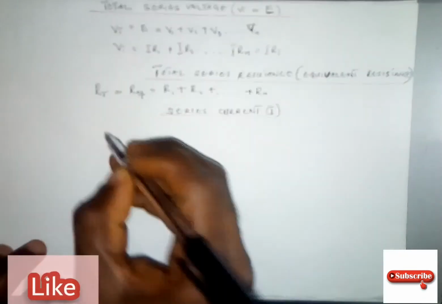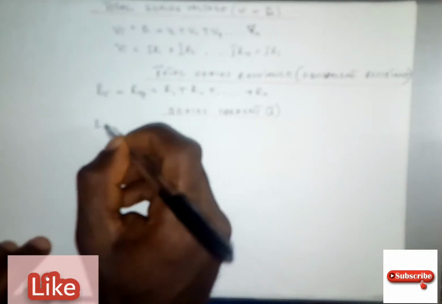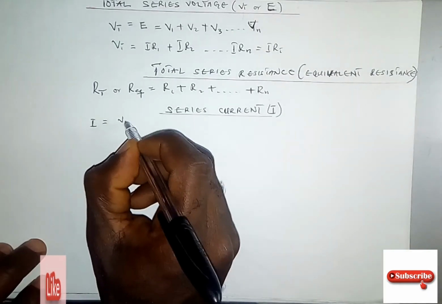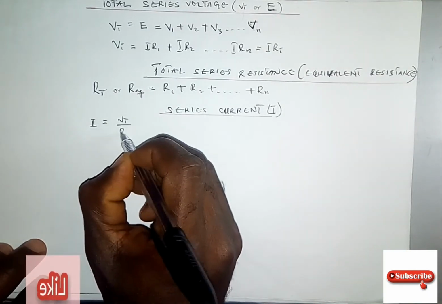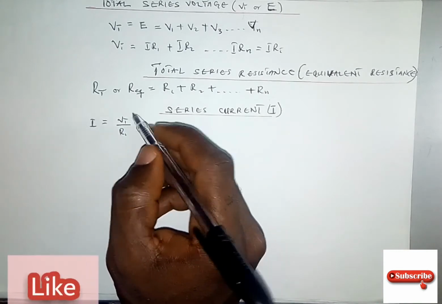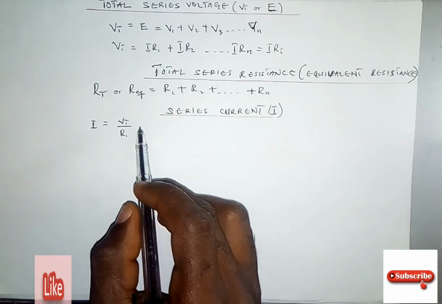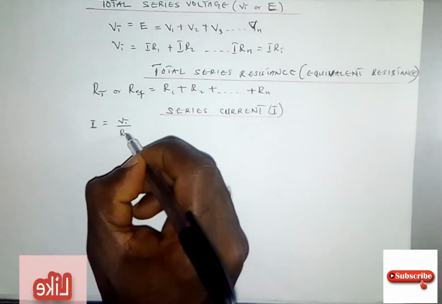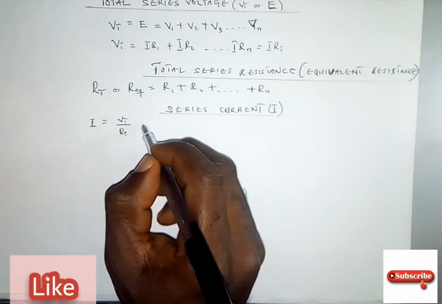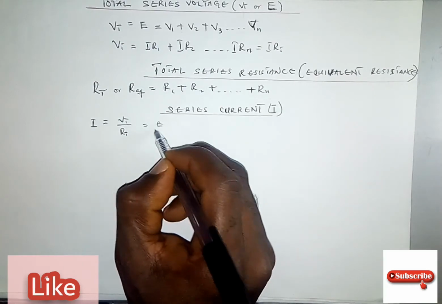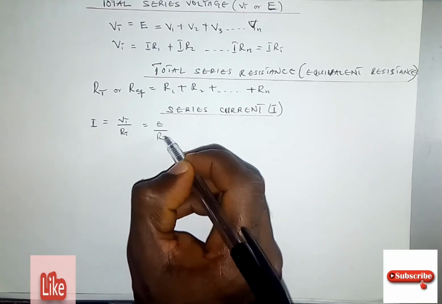So our I is going to be Vt over Rt, which is the total series voltage over total series resistance, which is still the same thing as E over RT.